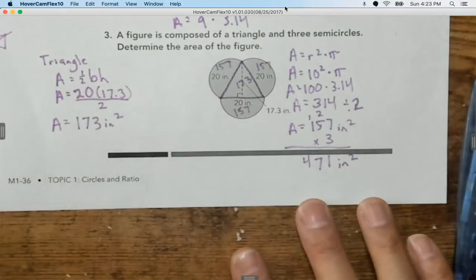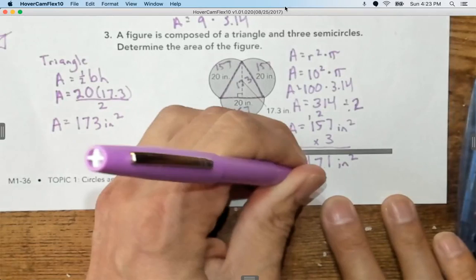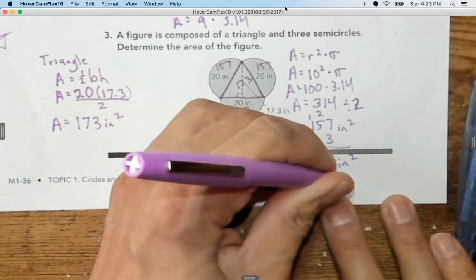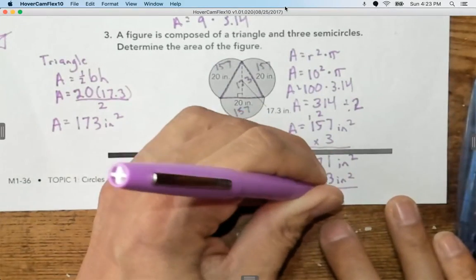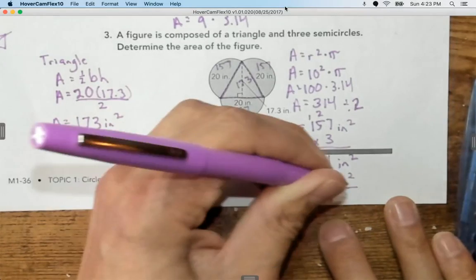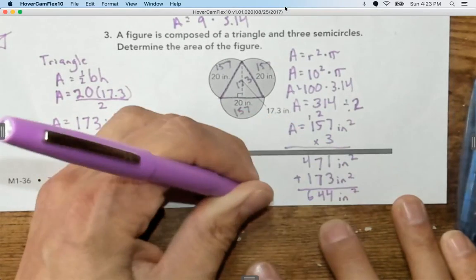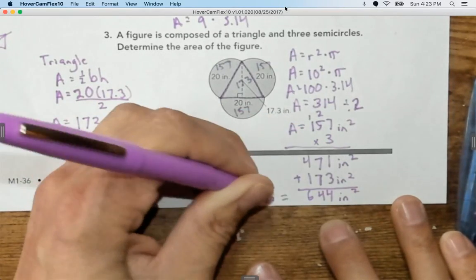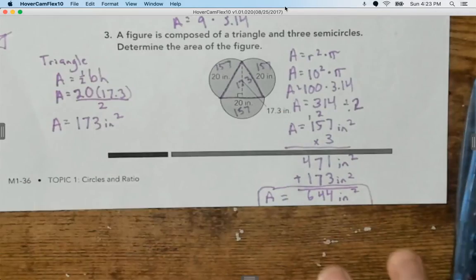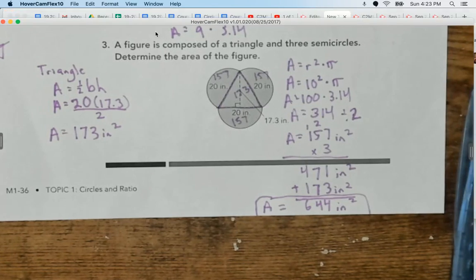I would add the triangle to that, and then I would get 644 inches squared for the whole composite figure. Okay, so I have to find the area of each of the parts, and then because they're all shaded in, I have to add them all together, and that'll give me my total area for each of those.